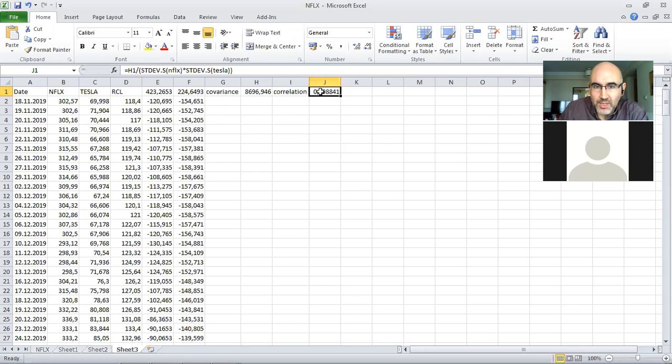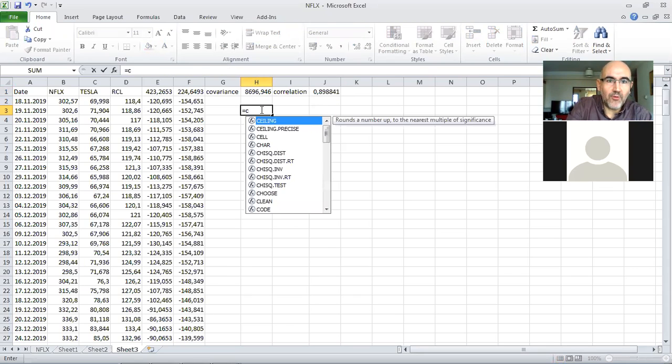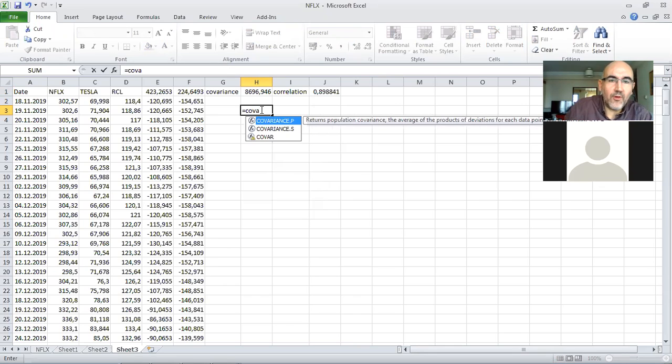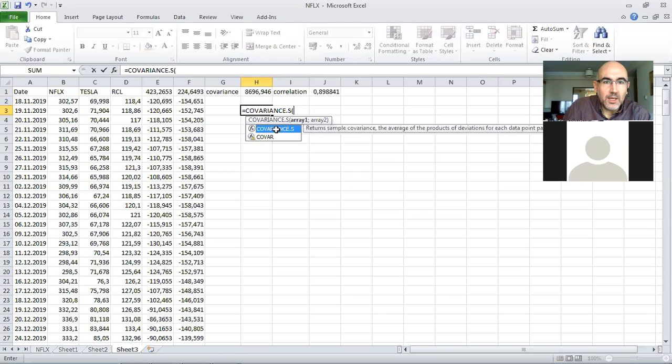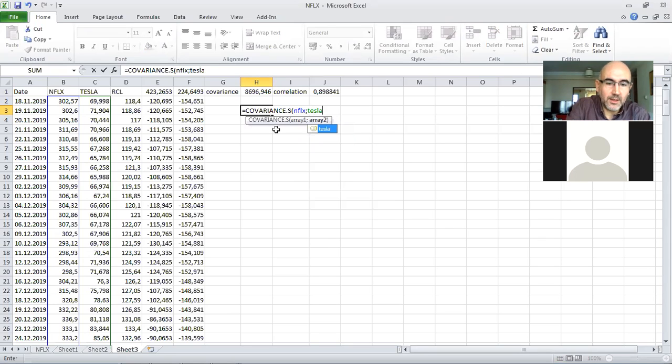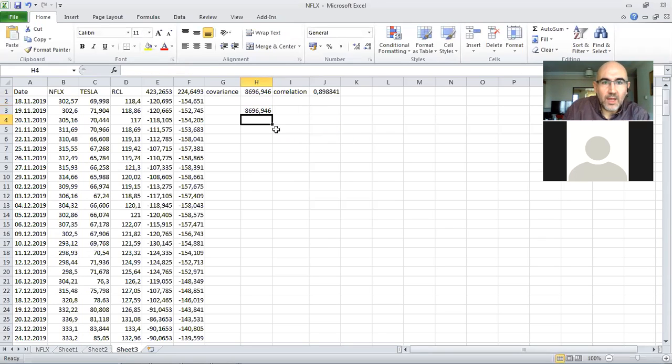I'm using the standard deviation function here, but there is a function which is already available to us, so let's also demonstrate that. We have a COVARIANCE.S function, and if we just type in the arrays, that gives us exactly the same value.